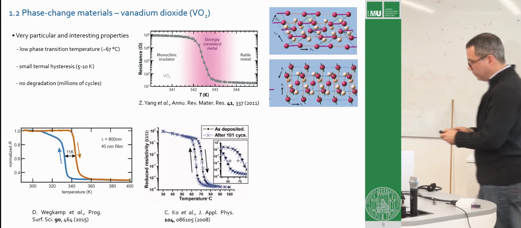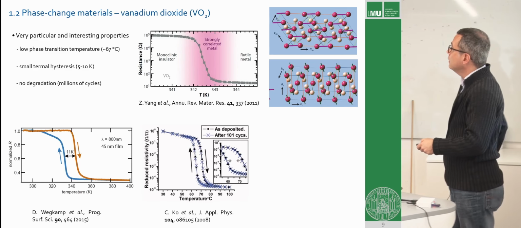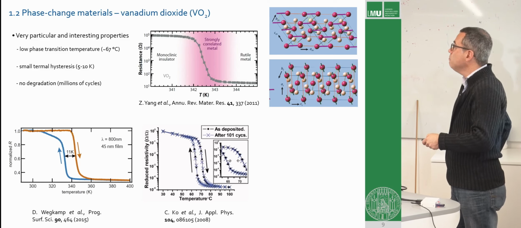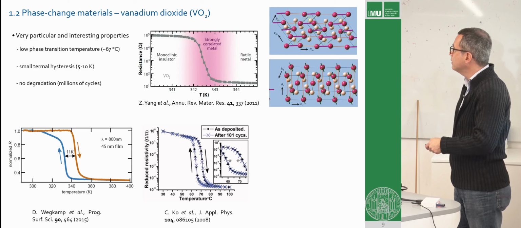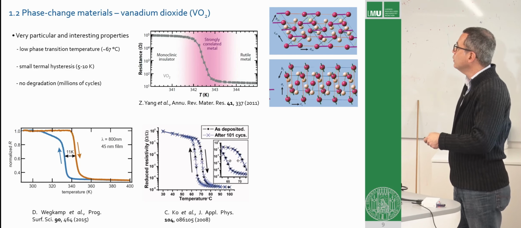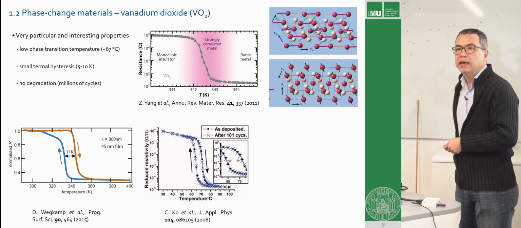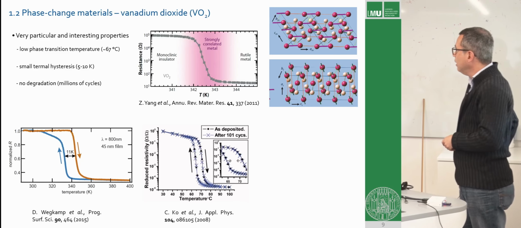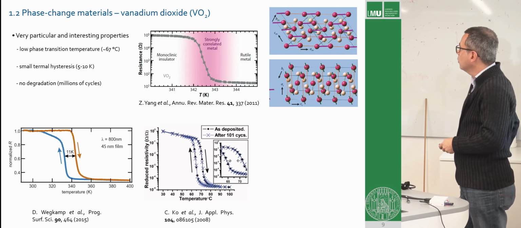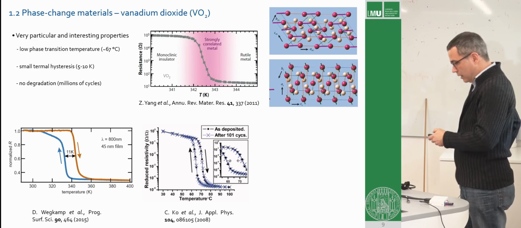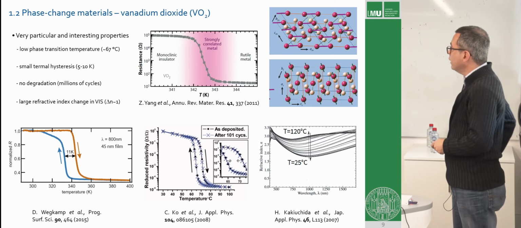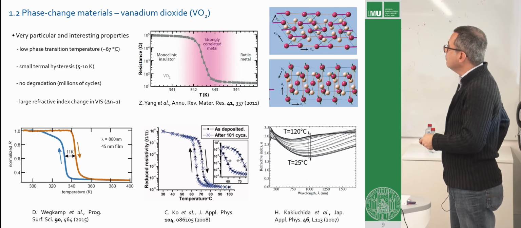Also an important characteristic is that this system survives millions of cycles. So if you cross this transition point millions of times, the system keeps on behaving as if time hasn't gone by.